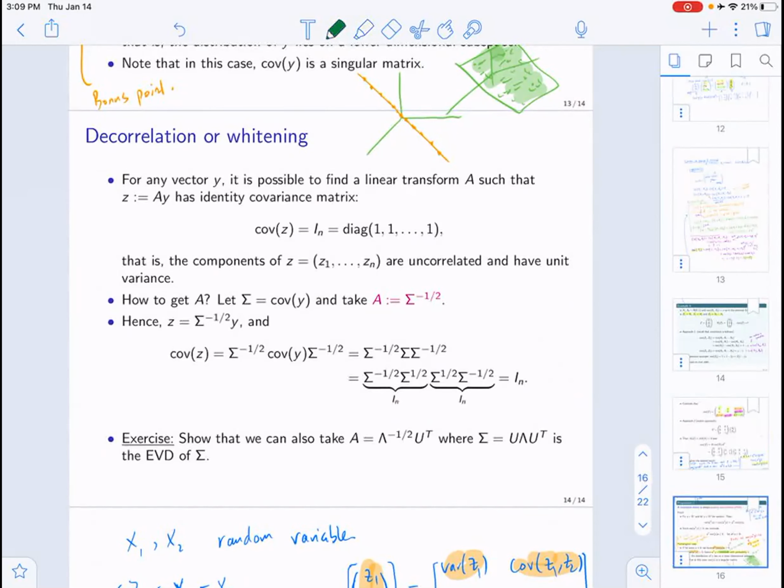You can verify for yourself that Y is equal to sigma to the 1/2 times Z. So if I can form a Z that has uncorrelated entries with variances equal to 1, and I want to construct a random vector that has covariance sigma, I can just multiply Z by sigma to the 1/2. This is, for example, how you most often generate a general multivariate Gaussian distribution on a computer. But this is just an aside, maybe too confusing at this point.